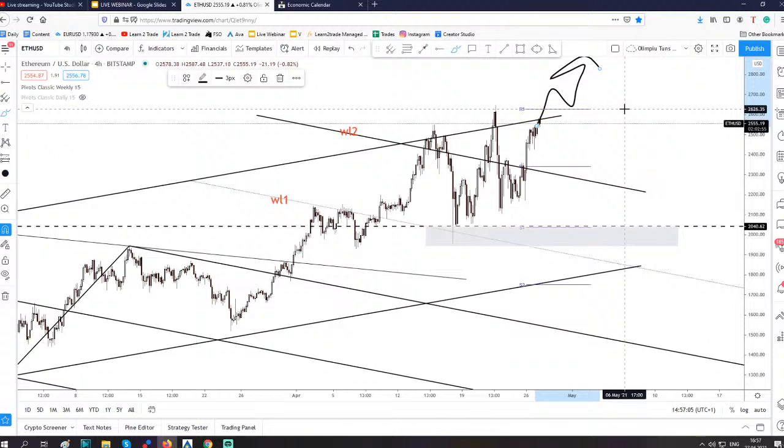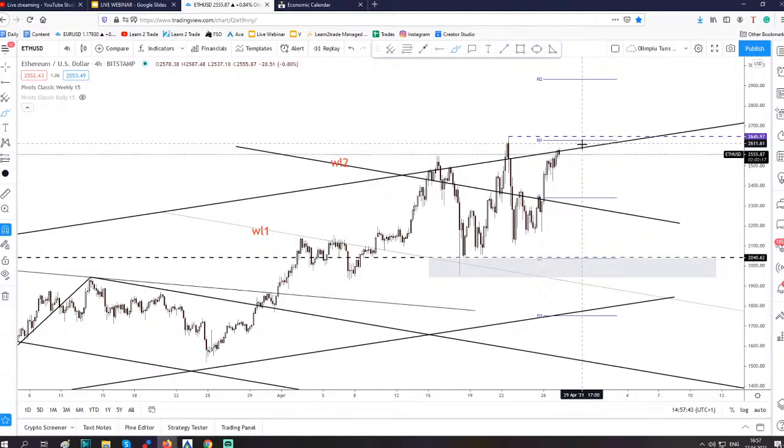So we are into a resistance area, and we need a valid breakout here to confirm a further growth here on Ethereum. Okay, and maybe if the price will register a new higher high here to jump, close, stabilize, consolidate, then it could continue to increase.